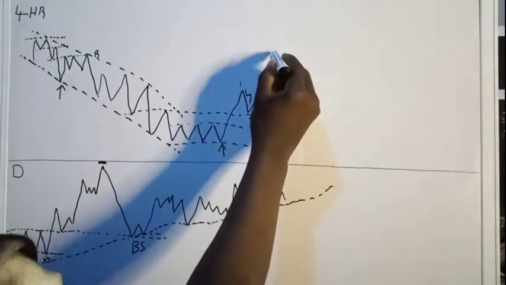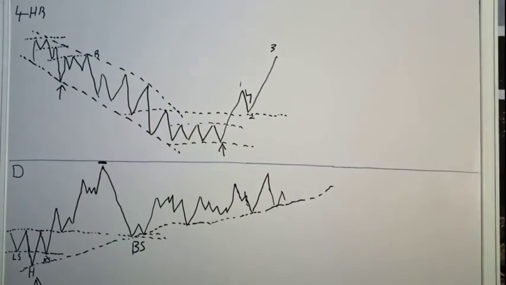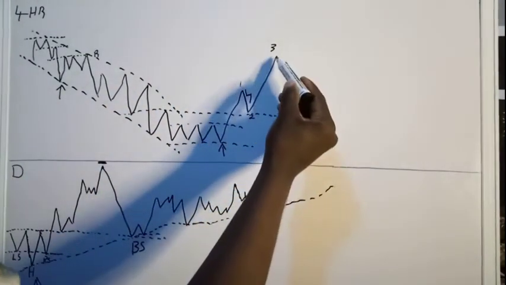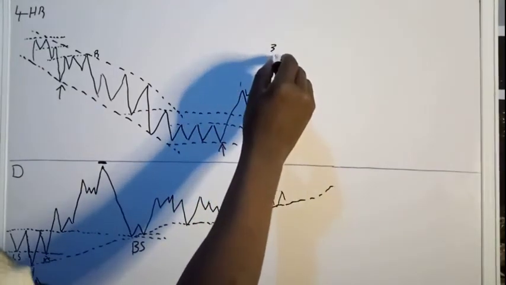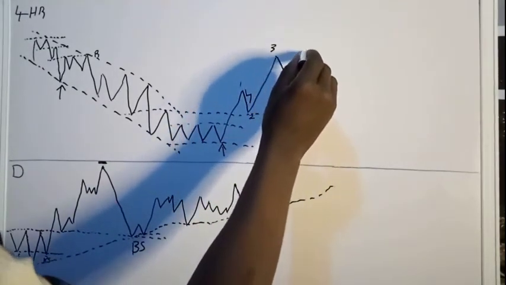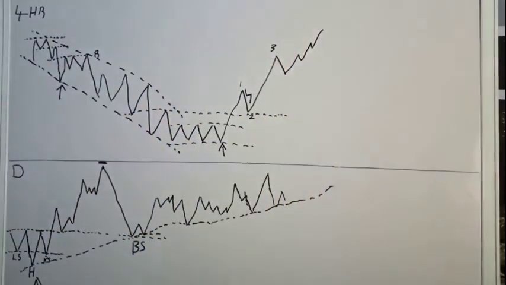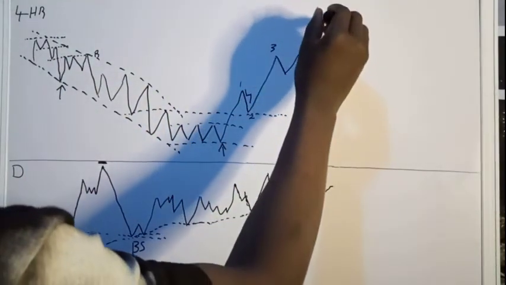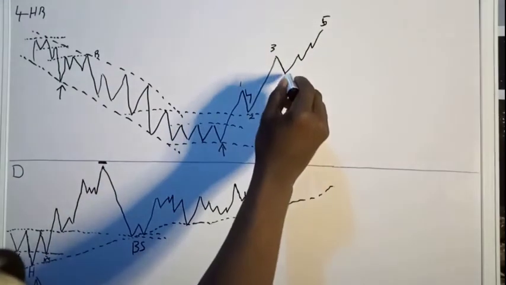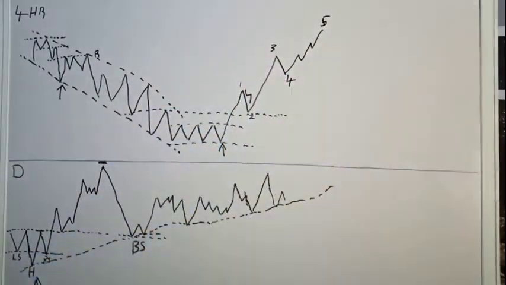And then we have our third wave to the upside. If you check the chart well again, you will discover that we had another retest and then a push up, giving us the fifth wave. Remember, this is our fourth wave, our second pullback.